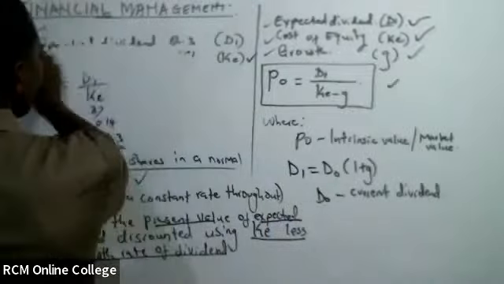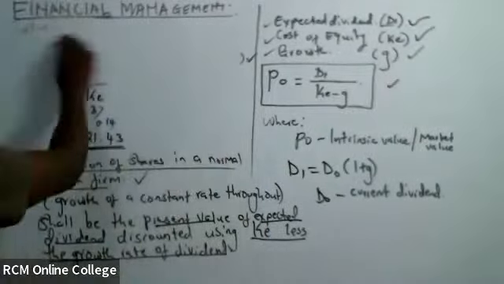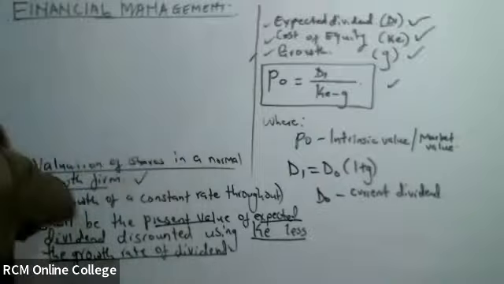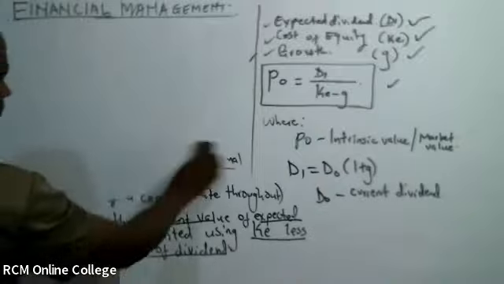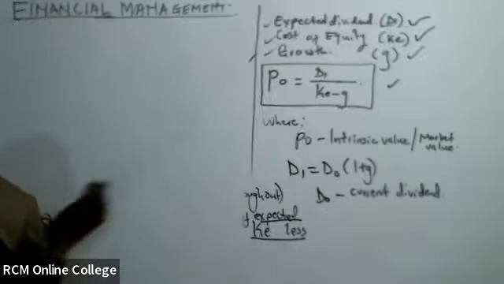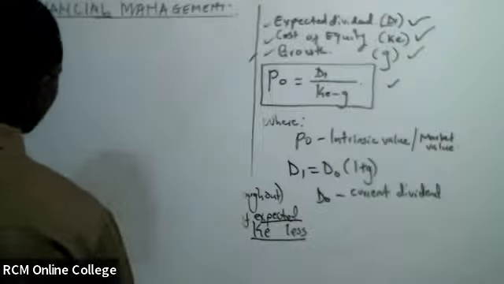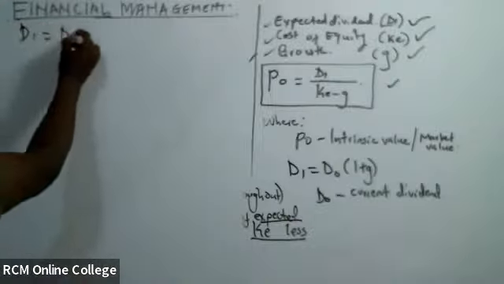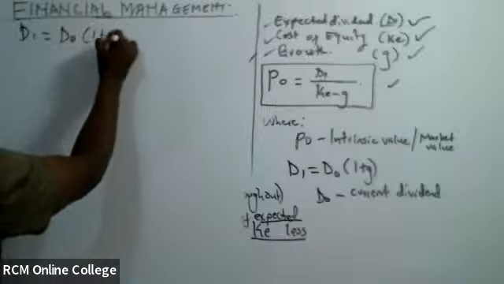So what I have to do here is to get my D1. And how do I get my D1? It's simple, because D1 is given by D0 times (1 plus g).